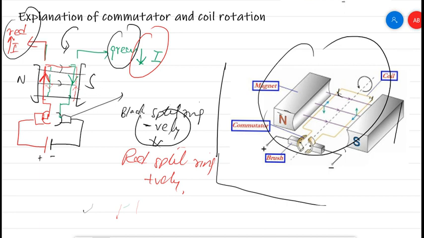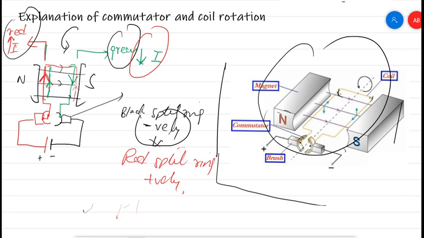I will explain this in the animated video. It means what we need is that the red side has current flowing upward, and if the green side has reached the left side, here also the current should be upward, even though before it was downward when it was on the right side.